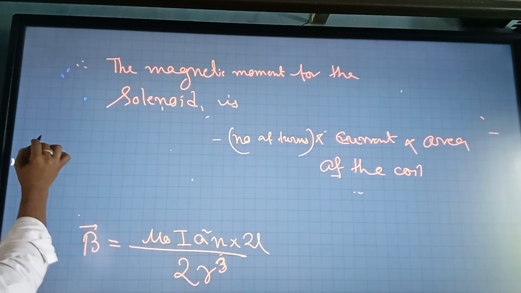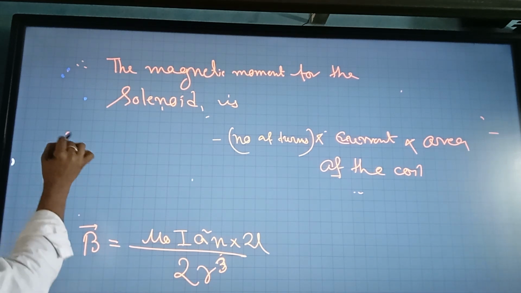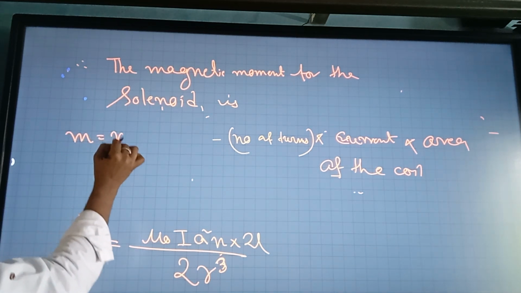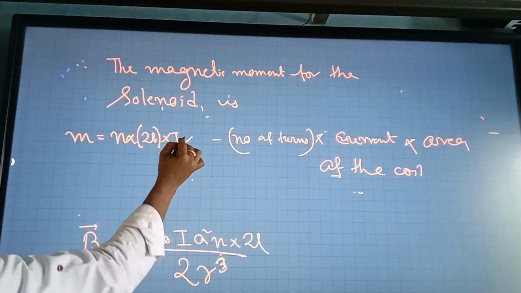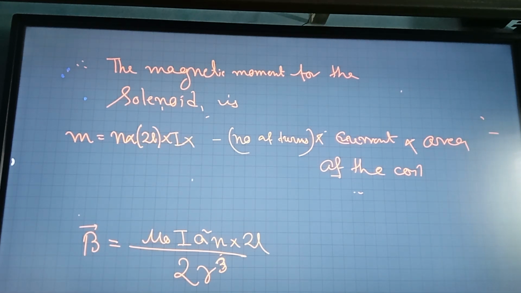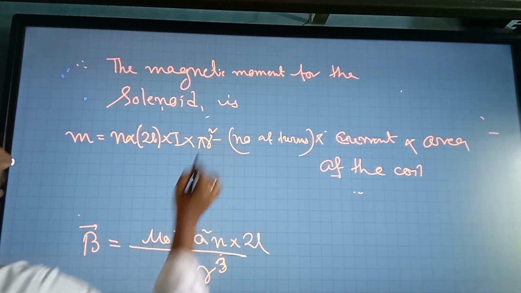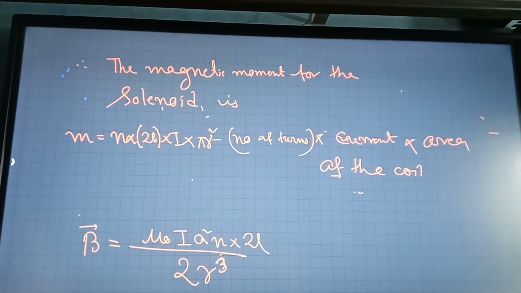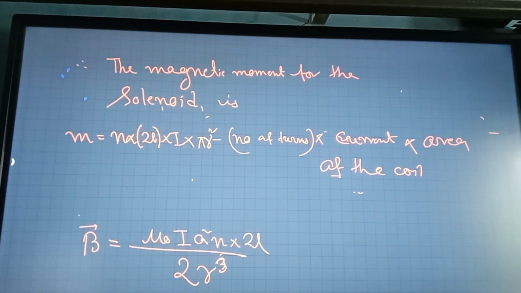Magnetic moment M is equal to N into twice L into I into pi r square. This is the formula.